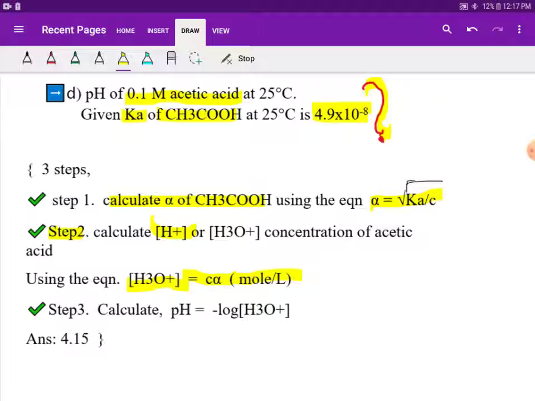It is the product of initial concentration and degree of dissociation, in moles per liter.